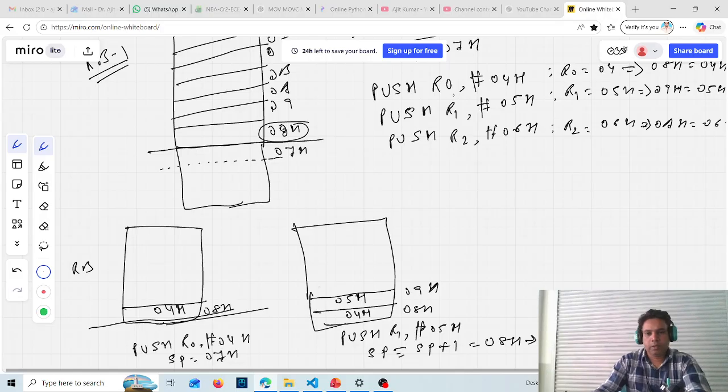Even if I had not written R0, R1, R2, any register, it would have worked in this case also.